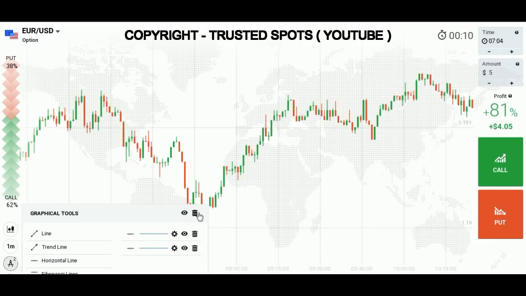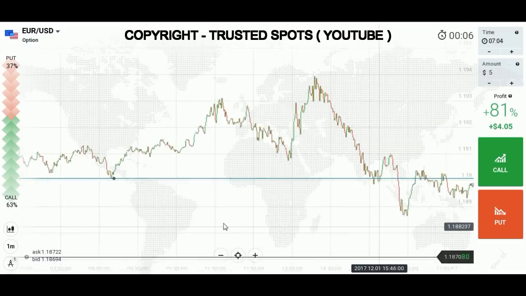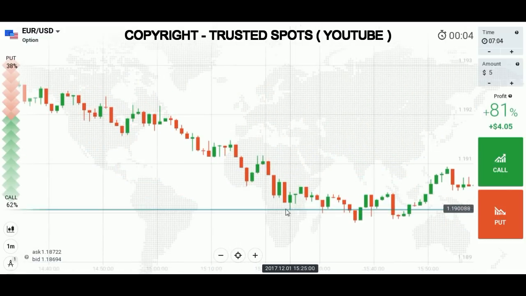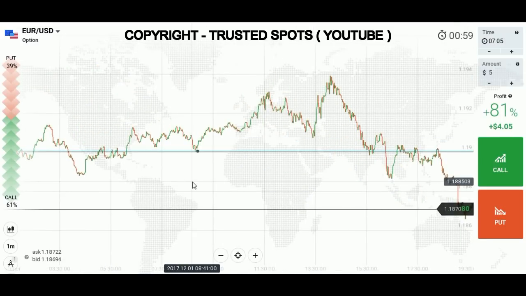Let me draw it also. You can see it worked twice. So if you want to find a strong SNR, look for the levels which are clearly visible to you. So this is the first concept.